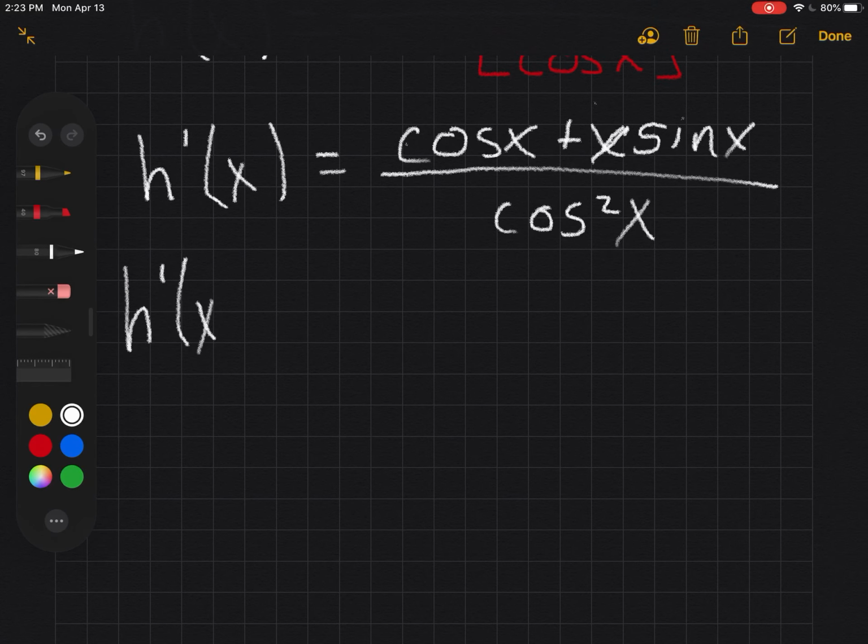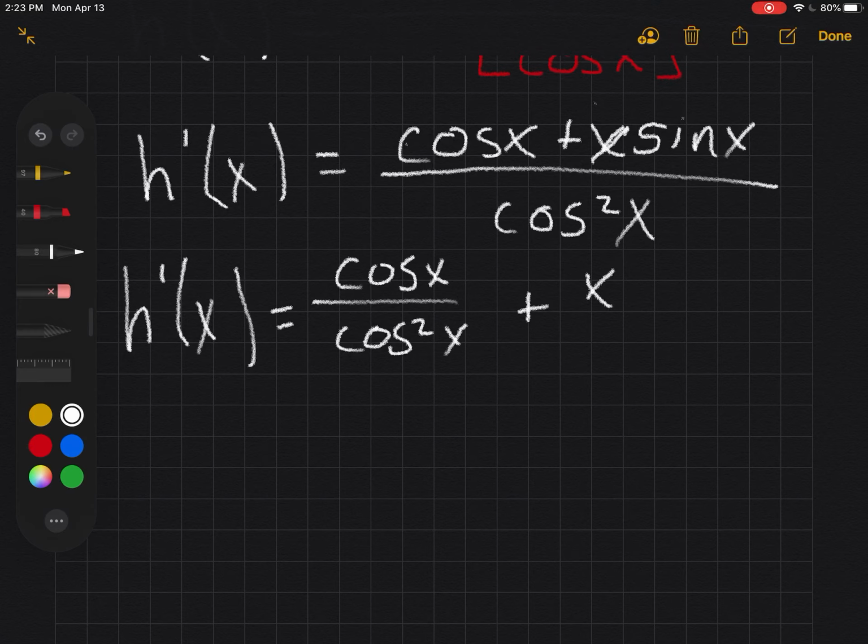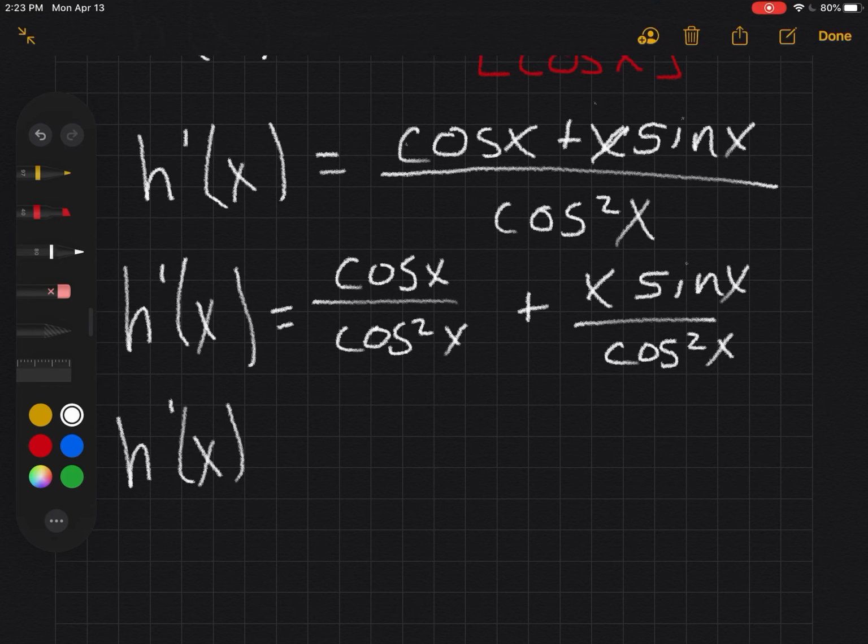This can be further simplified. And it's going to take some heavy-duty trig to do so. So hang with me here. First thing I'm going to do is separate my functions. H prime of x equals the cosine of x over the cosine squared of x plus x sine x over the cosine squared of x.